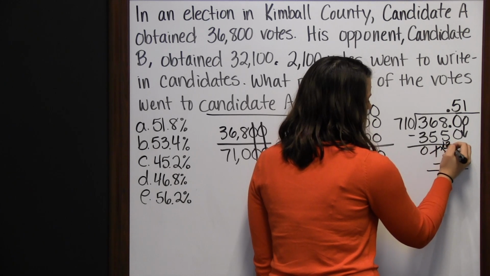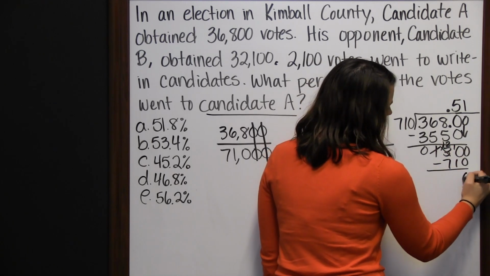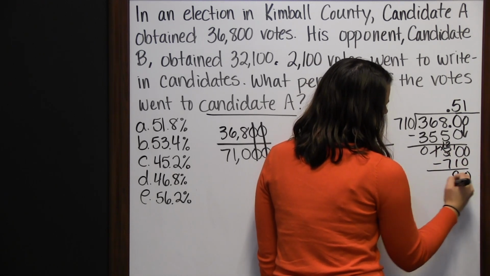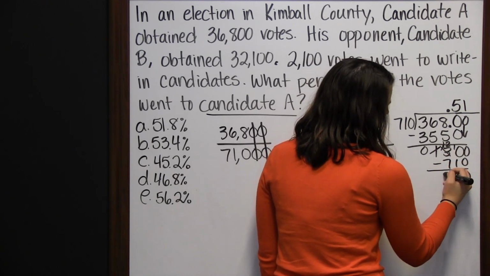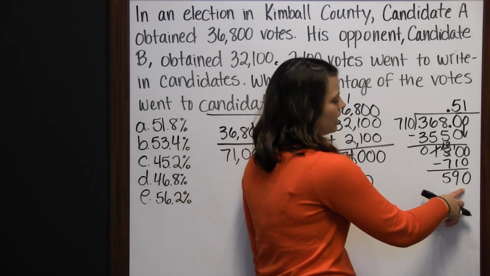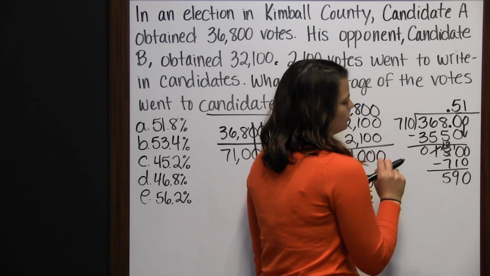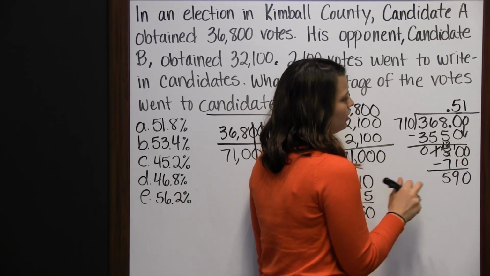Borrow from the 13, that's 12, which makes that 10. And we don't need to borrow, that's 0. So 10 minus 1 is 9. And 12 minus 7 is 5, 590. Which makes sense. If you add 90 back to 710, you get 800. And if you add 500 to 800, you get the 1,300.